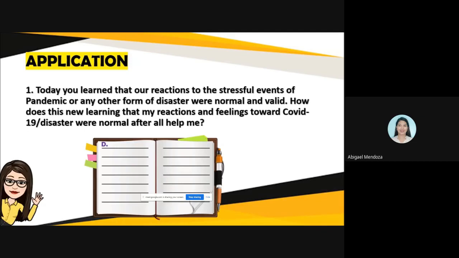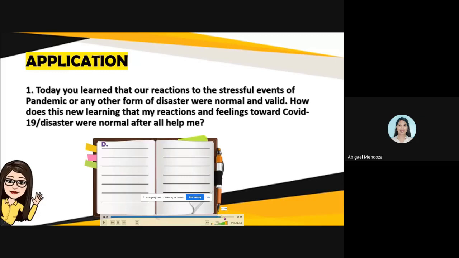So number 1 sa application, today you learned that our reaction to the stressful events of pandemic or any other form of disaster were normal and valid. How this new learning that my reactions and feeling toward COVID-19 or disaster were normal after all helped me. Ano yung nakatulong ba sa'yo na nalaman mong normal lang yung nararamdaman mo or valid?